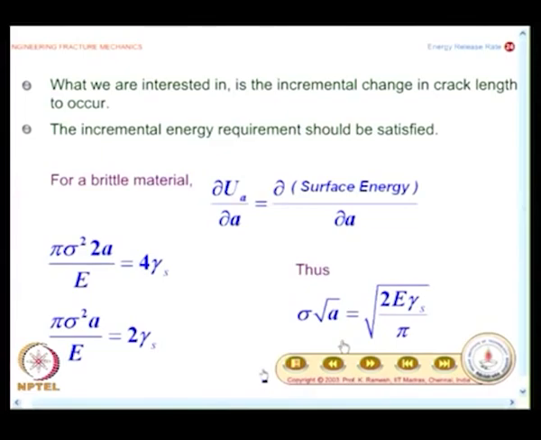You could also look at this expression differently as sigma equal to root of 2 E gamma s divided by pi A. I have taken A to the left hand side, so it appears as sigma root A.